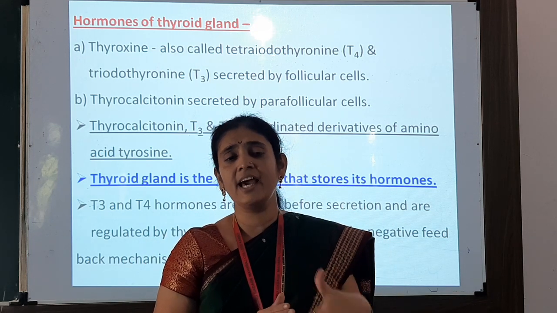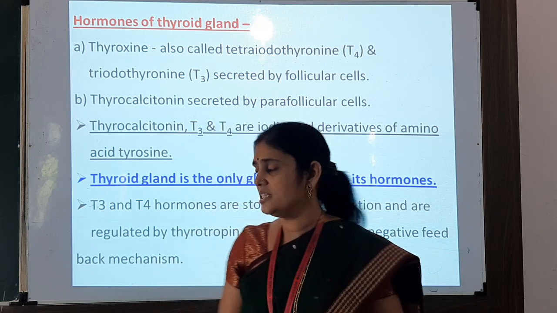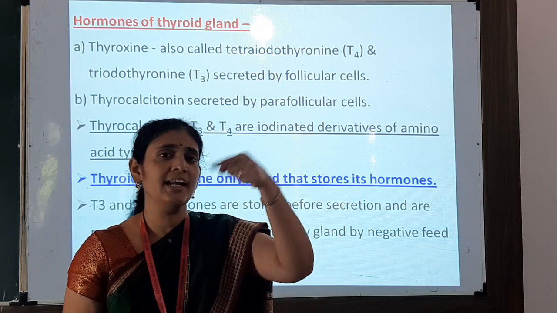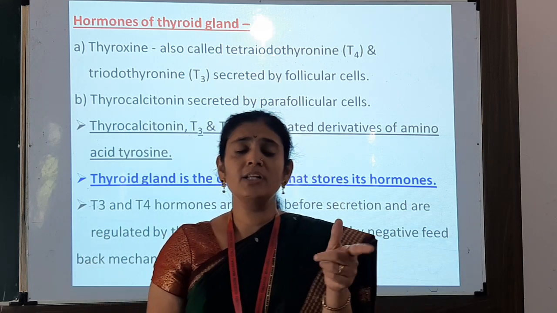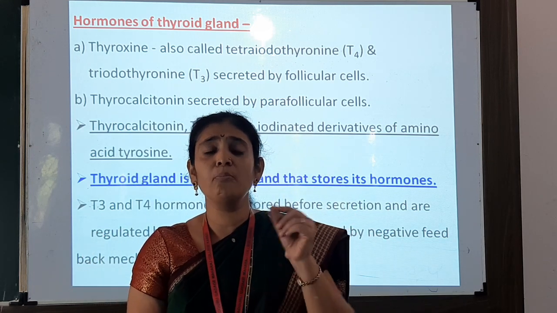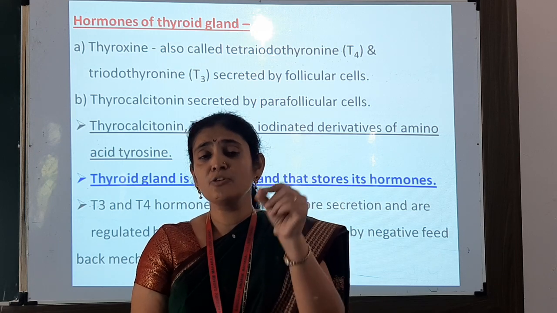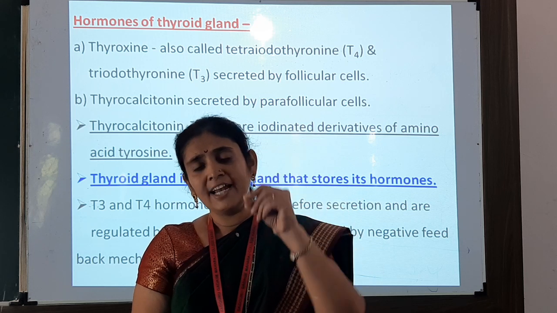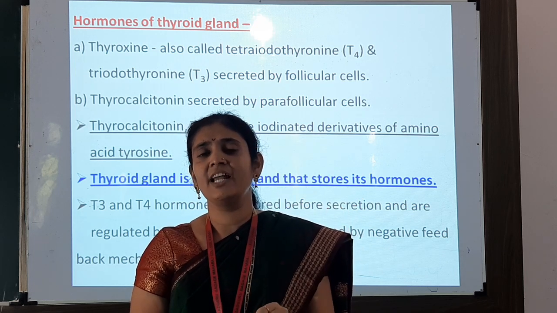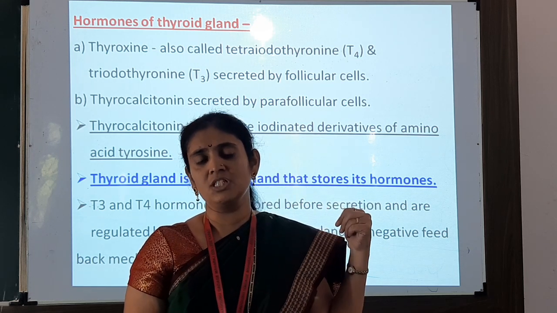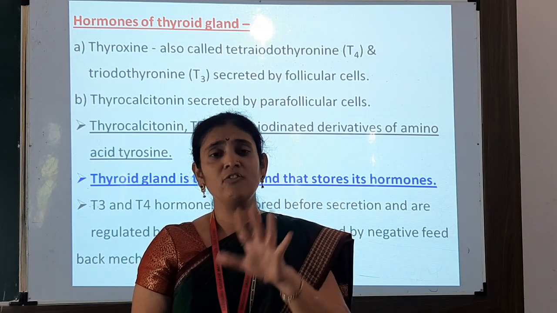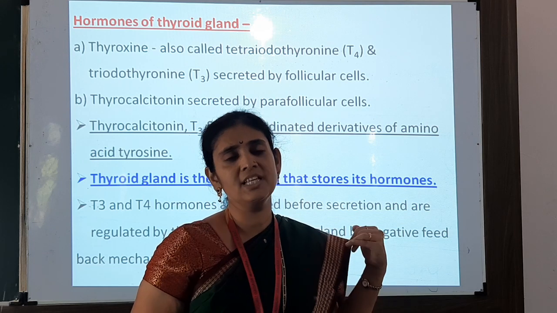When they are released, there is a negative feedback mechanism between the thyroid gland and pituitary gland. If TSH is coming from the pituitary gland to the thyroid gland, then the thyroid gland will release the hormones. Otherwise there will be no release of hormone from this gland.